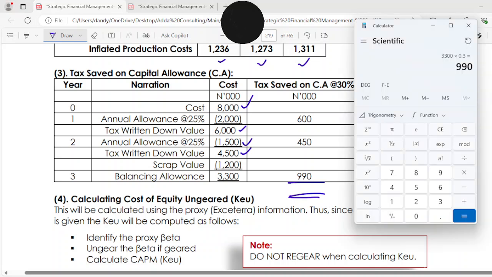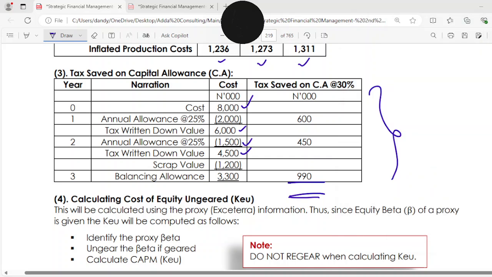So 990 plus 1,050, the company is supposed to claim capital allowance of 2,040,000 naira. How do you confirm the correctness of this number? The total tax saved is supposed to be equal to the cost of the asset minus the scrap value, multiplied by the company tax rate.